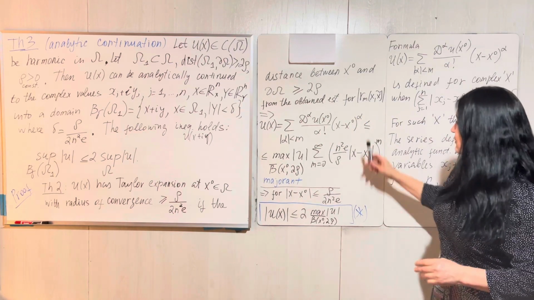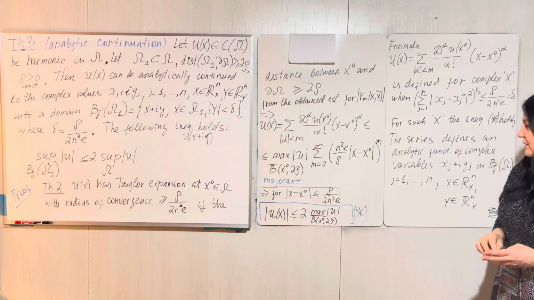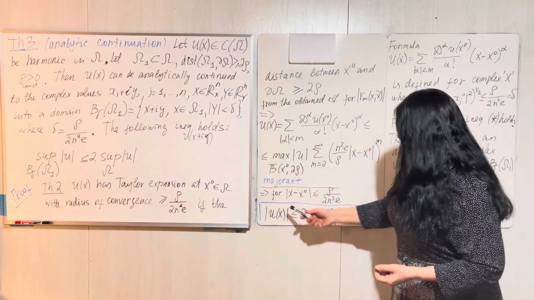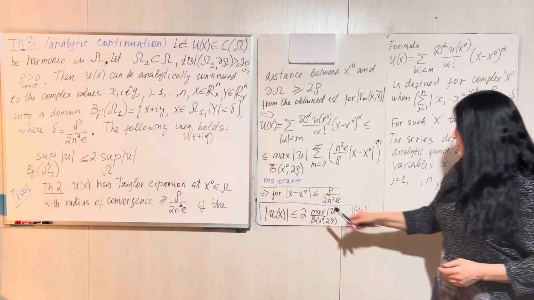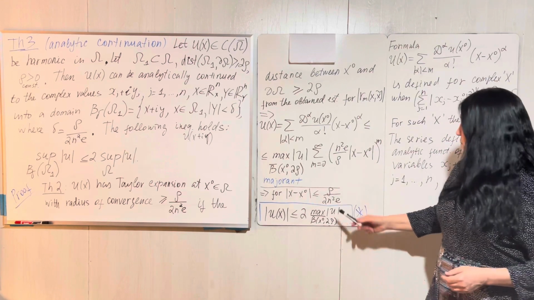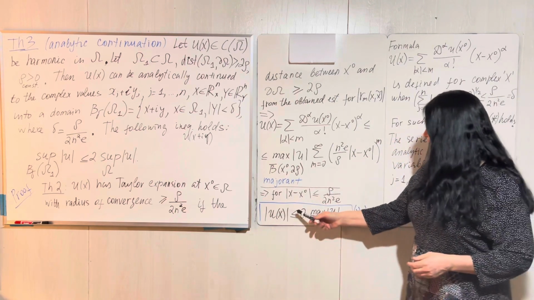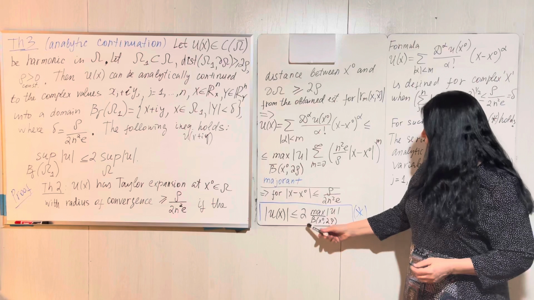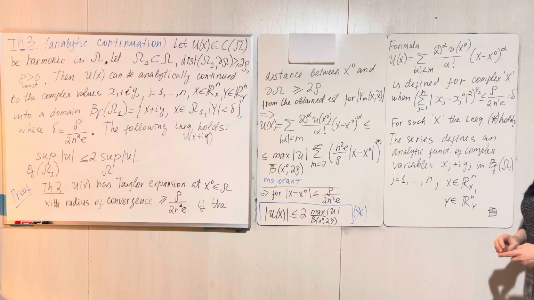So each term, so the whole series can be replaced with this series if you look at theorem 2, and then we can see that if x minus x naught belongs to the ball of radius rho over 2n square e, then for the absolute value of u of x, we can write that this is less than or equal to 2 times the maximum value of u over the closure of the ball centered at x0 and radius 2 rho.